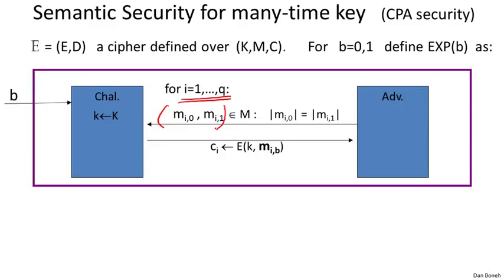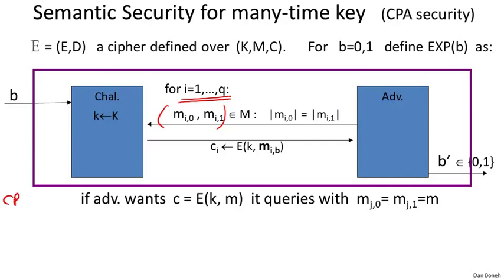And then the adversary's goal is to figure out whether he is in experiment 0 or in experiment 1. In other words, whether he was constantly receiving the encryption of the left message or the encryption of the right message. So in some sense, this is a standard semantic security game, just iterated over many queries that the attacker can issue adaptively one after the other.